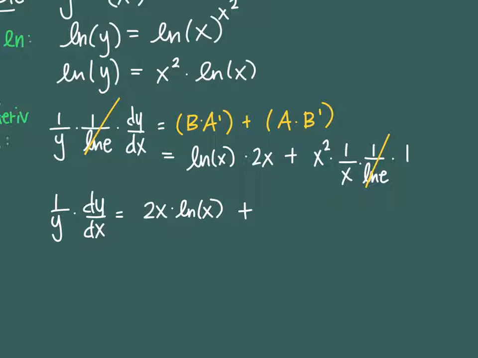What am I left with? x. And do you notice that these two things now have something in common with each other? x. So I would encourage you to recognize that and factor that out. So take out an x. That would leave you with 2 ln x plus 1.